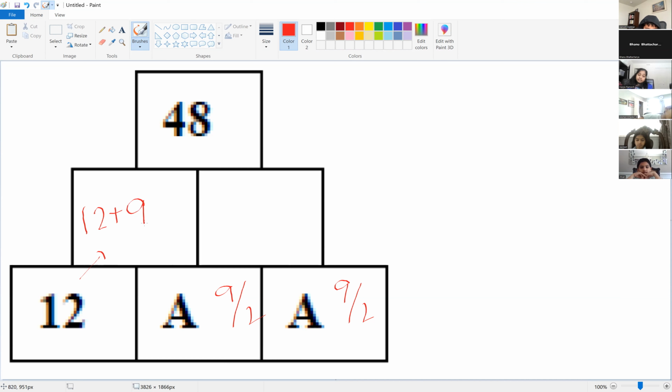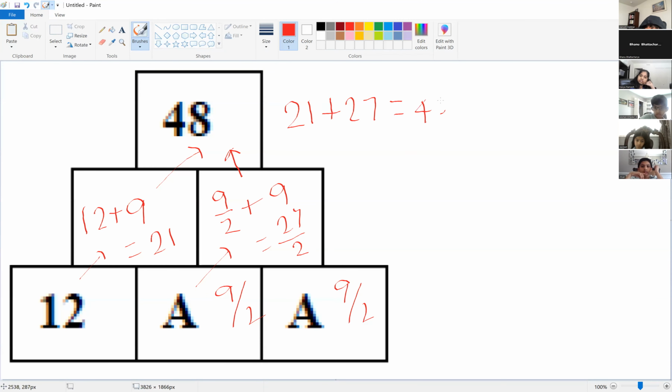So times 9 times 2, which would be 21. So this is 9 over 2 plus 9, which is 18, 27 over 2. Now, when you calculate this number, you will get 21 plus 27, which is 48. Does it work, Kavya? Yes. Correct. Next one, 22.